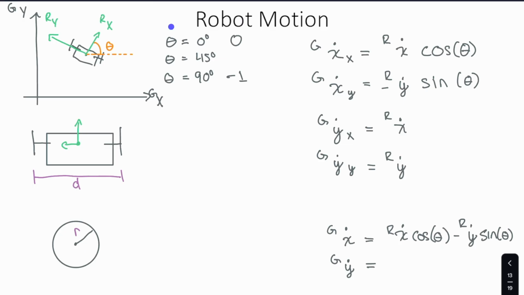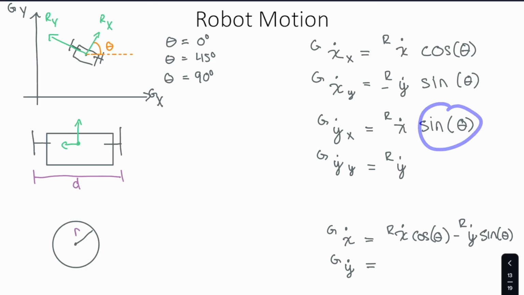Again, referring back to our examples here, if theta is 0, meaning the robot is pointed directly along the global x frame, then y dot is 0. So that would correspond to sine of theta. And if theta is 90 degrees, that means the robot would be driving straight along the y-coordinate, which means there's no contribution to the x-coordinate.